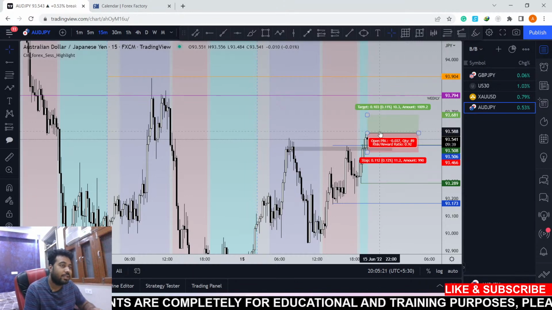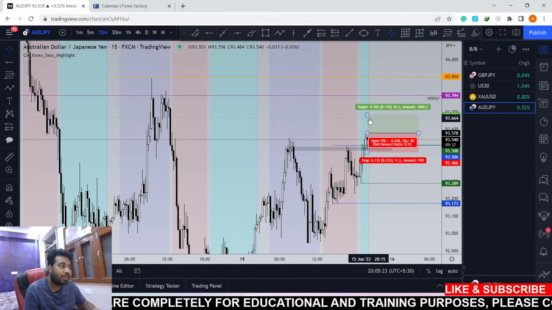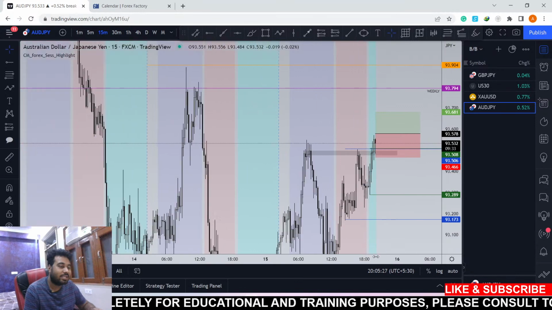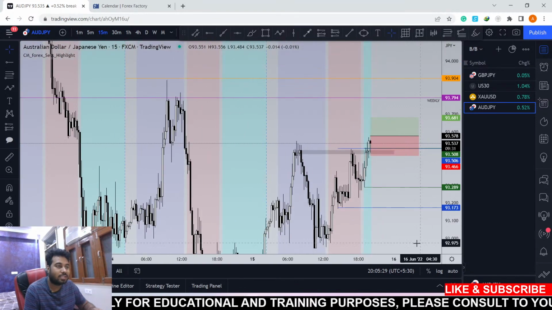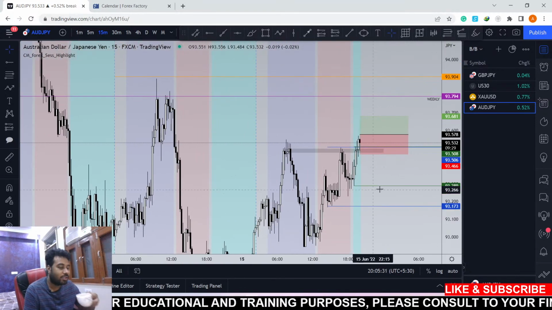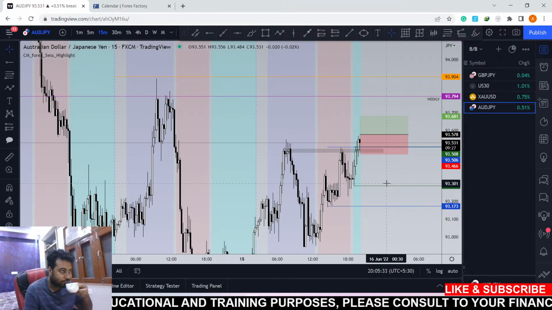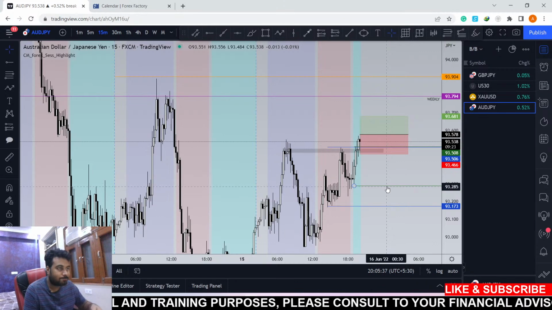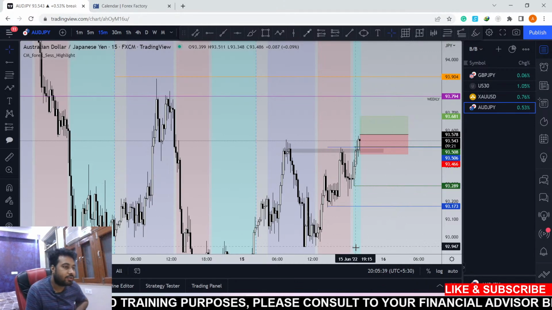If it tags me in and continues in my direction, then I will be in this trade. But if I see that it is losing its momentum and not giving us any opportunity, then I will not be in the trade.